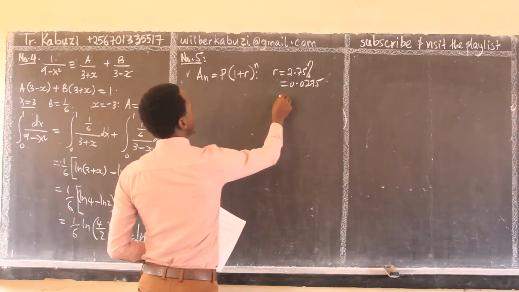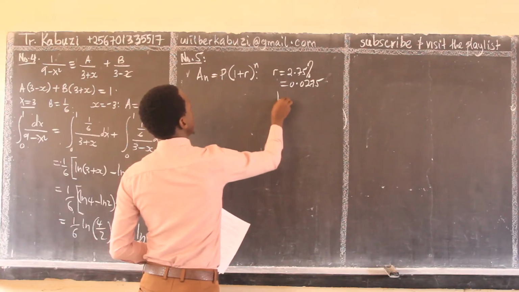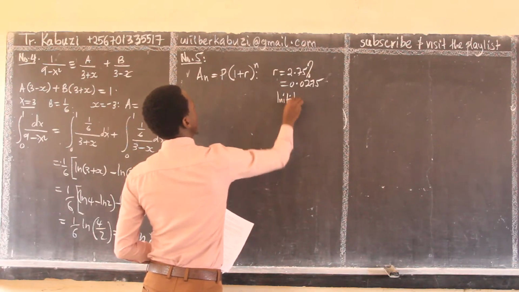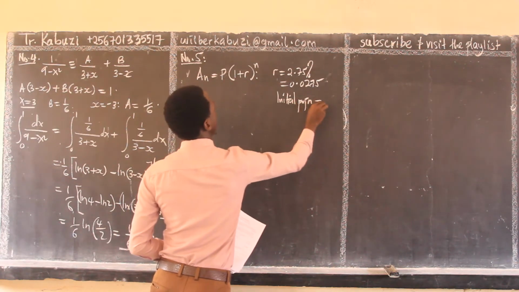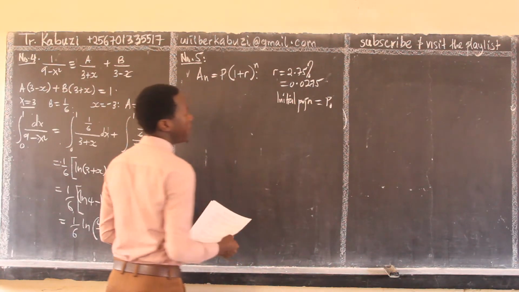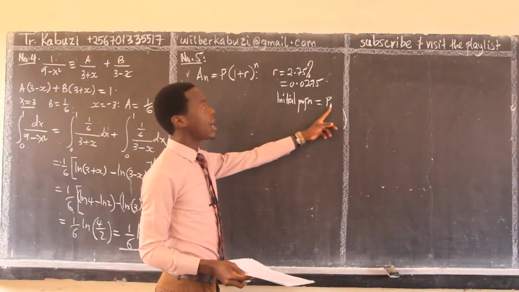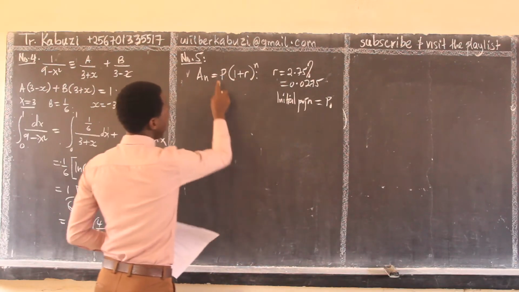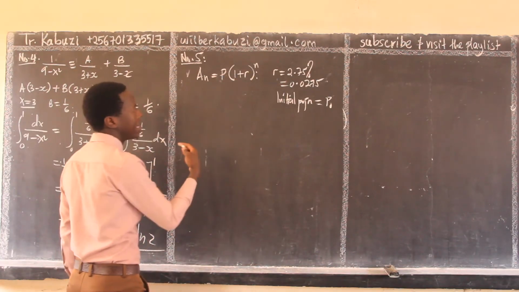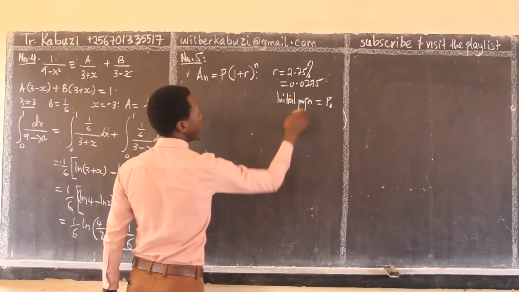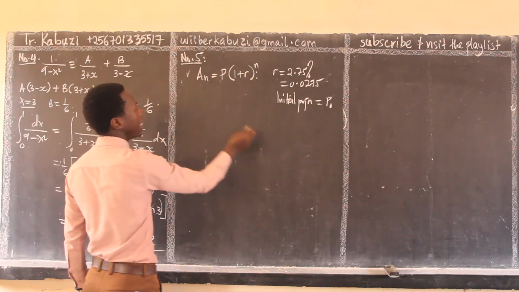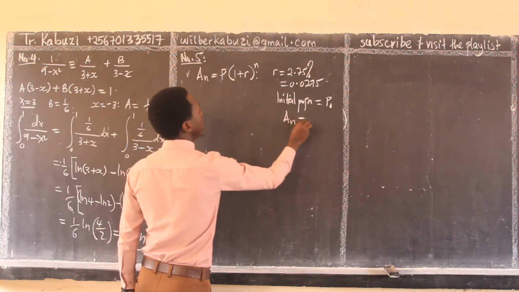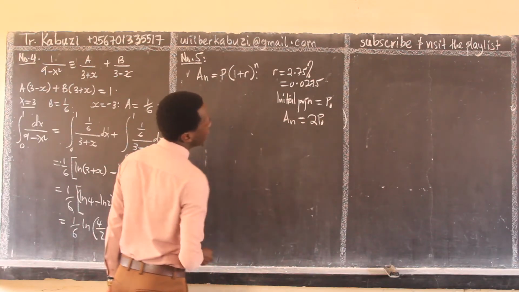So the initial population is going to be P naught. So meaning, in simple terms, this is going to act as our P there. So now they want the number of years when this population doubles. So our AN now is going to be 2P naught.